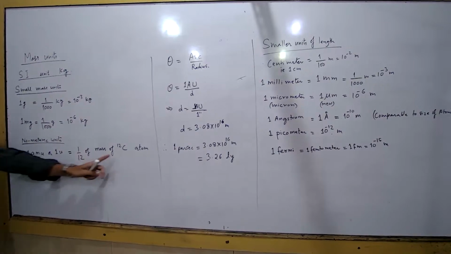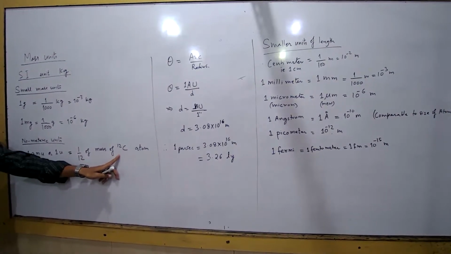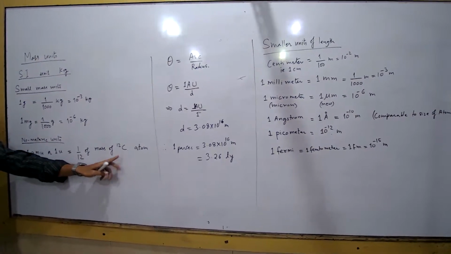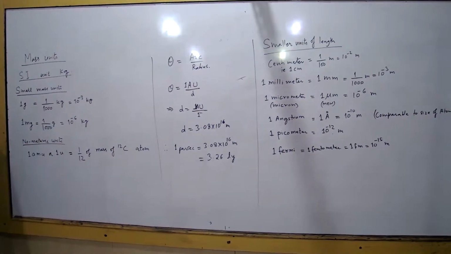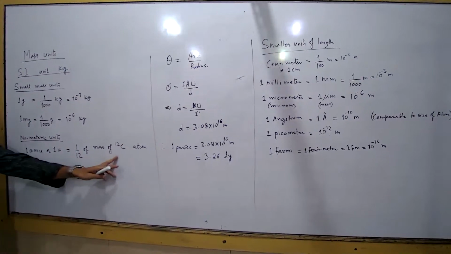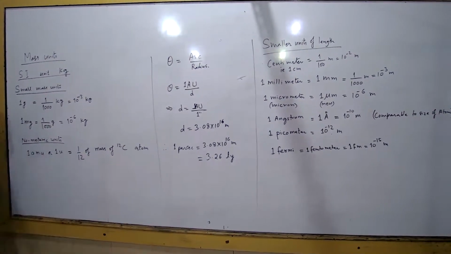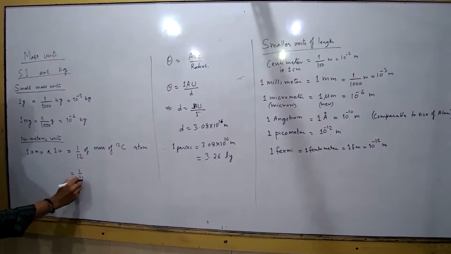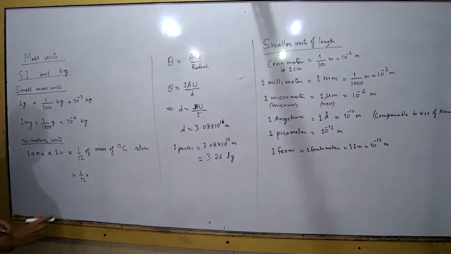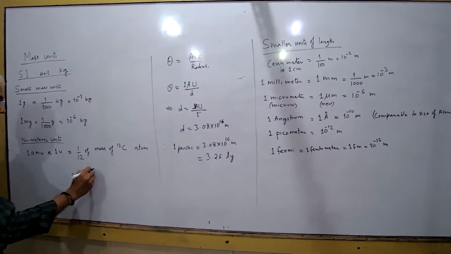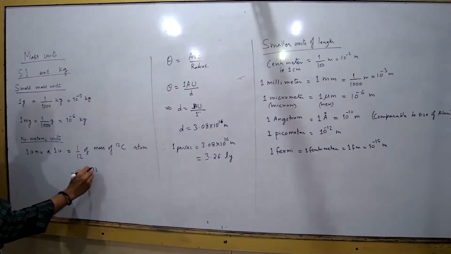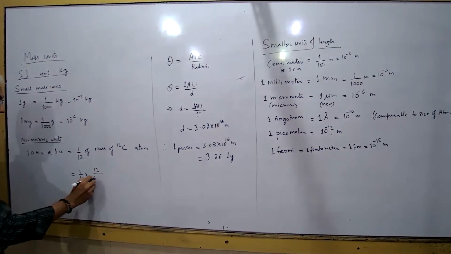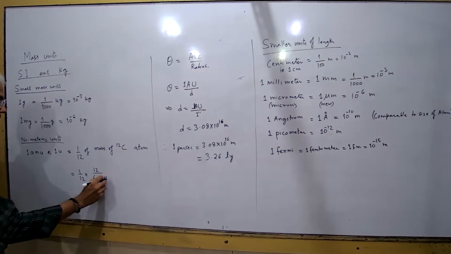So if I take 6.022 into 10 raised to 23 carbon atoms, it will weigh 12 gram. Understood? I will use that logic now by the unitary method. So 1/12 into 12 gram divided by 6.022 into 10 raised to 23.